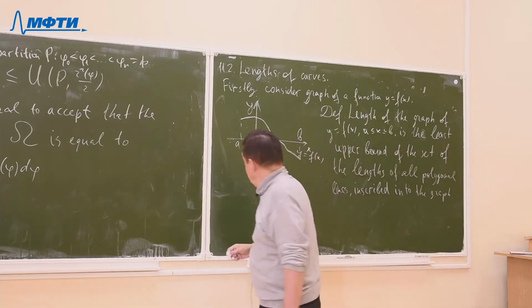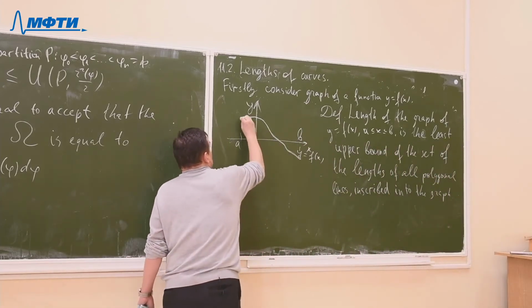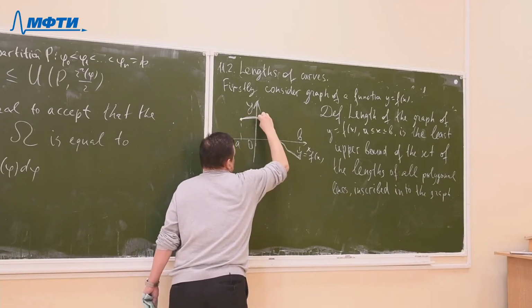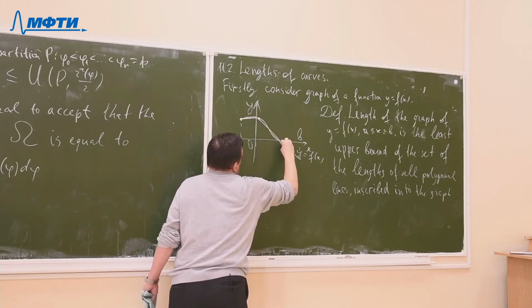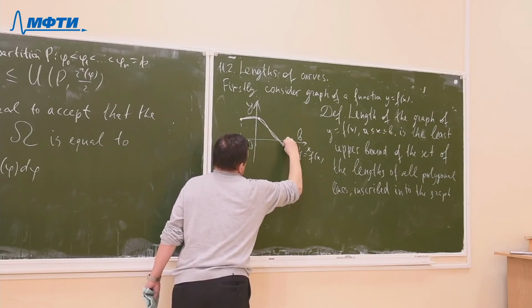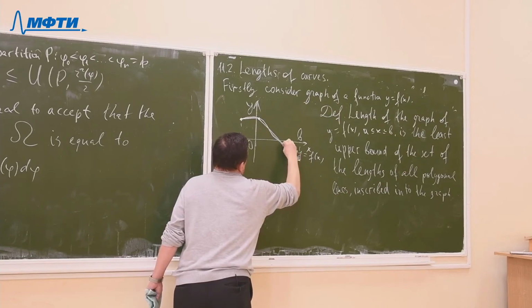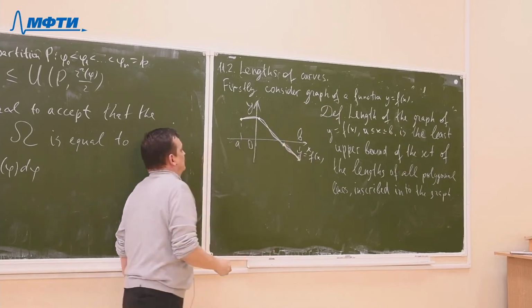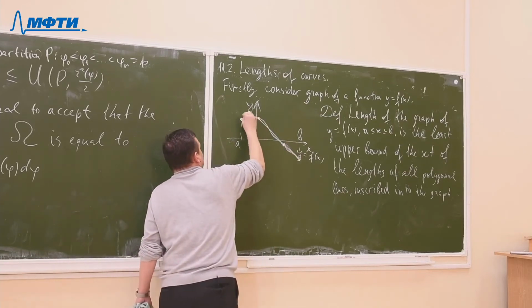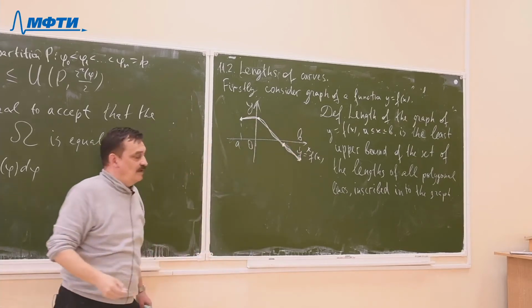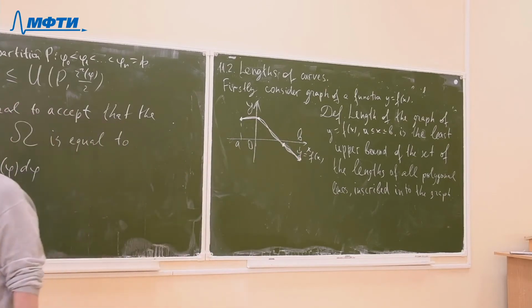So what it means, we take polygonal lines like that. So let's say like that, and then like that. We take several points and then connect them by straight lines.